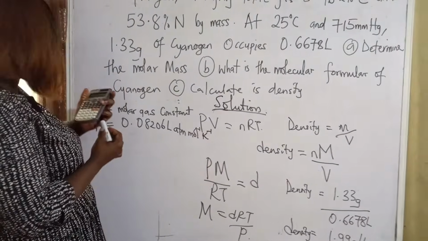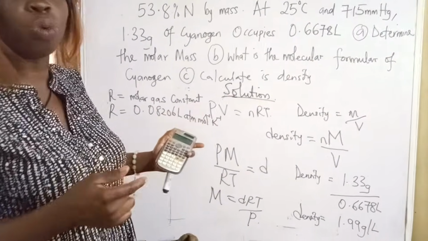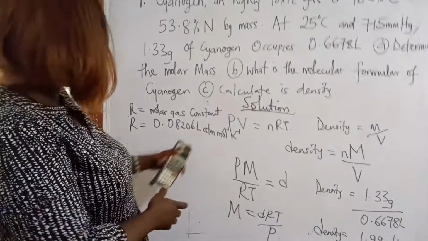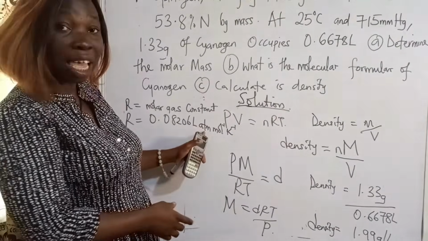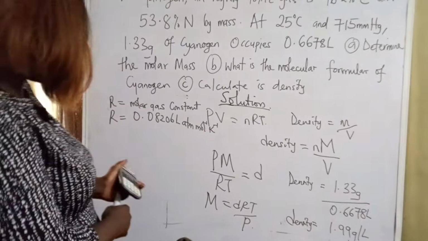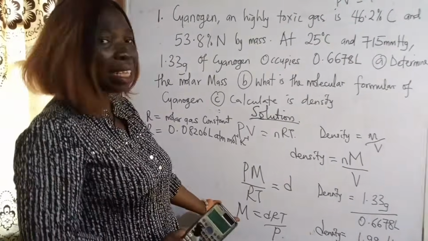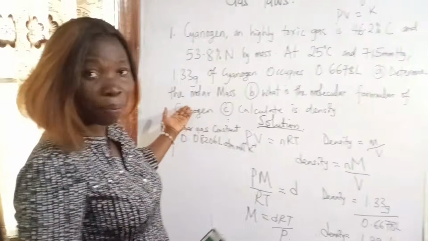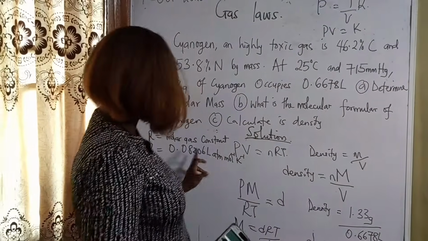Remember that the value of R depends on what? The unit of volume and pressure. So you look at the unit, it's in liter for volume and atm for what? Pressure. atm means atmospheric pressure. So it therefore means that if you are to apply this formula to calculate the molar mass, you need to convert your temperature to what?